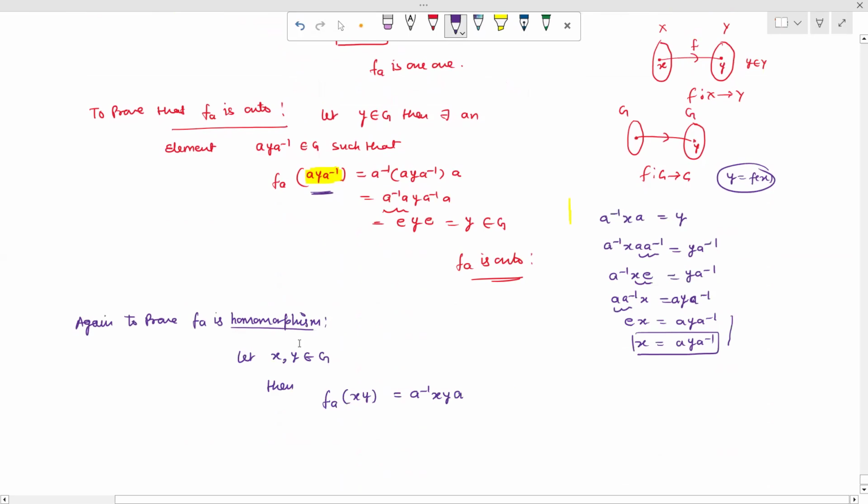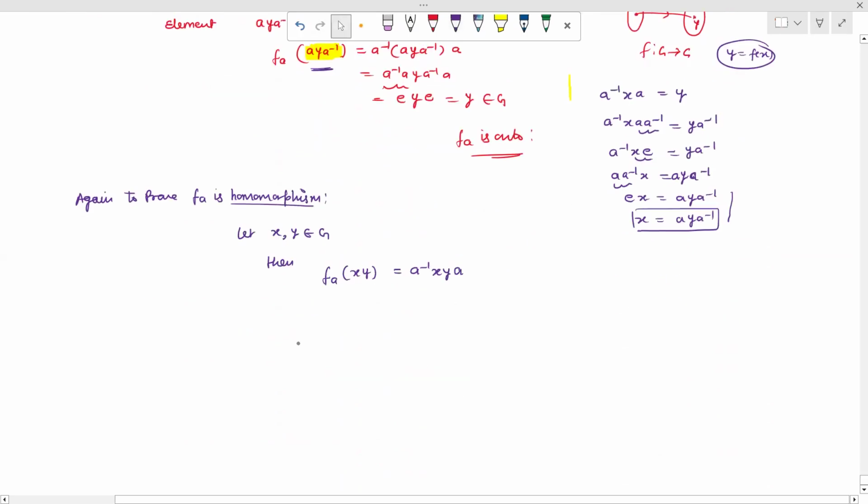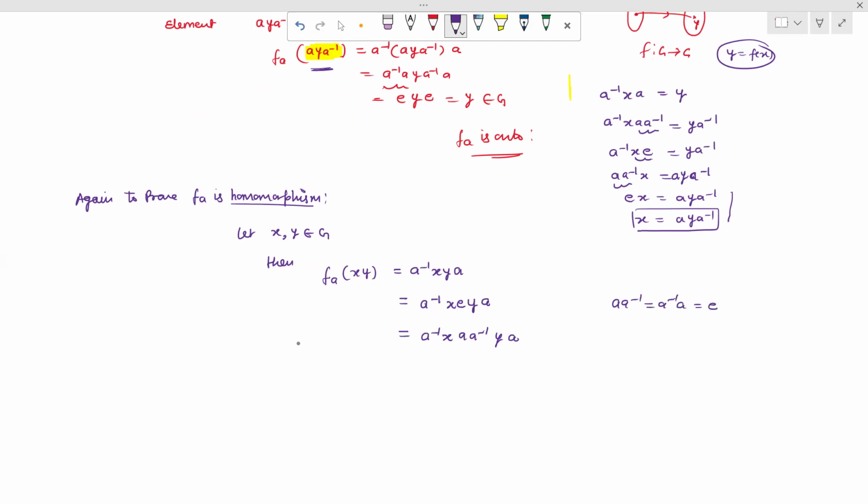So we write down this as a inverse xy. So xy can be written as x e y a. So now this can be written as a inverse into x, and this e can be written as a into a inverse, into ya. So a into a inverse is equal to a inverse a equal to e. So now one part can be taken on one side and the other on another side.